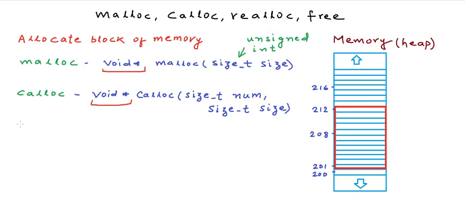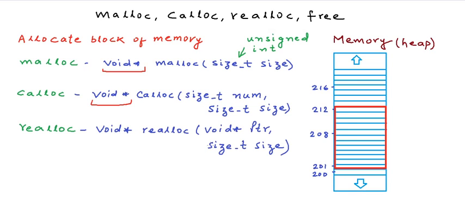The third function that we want to talk about is realloc. If you have a dynamically allocated block of memory, and you want to change the size of this block of memory, then you can use realloc. The signature of this function takes 2 arguments.